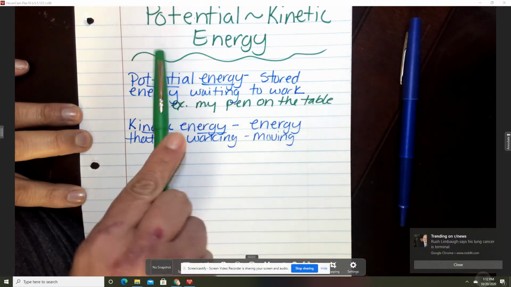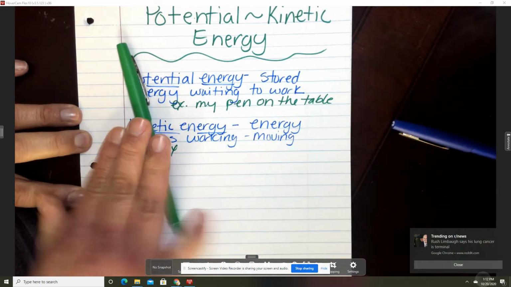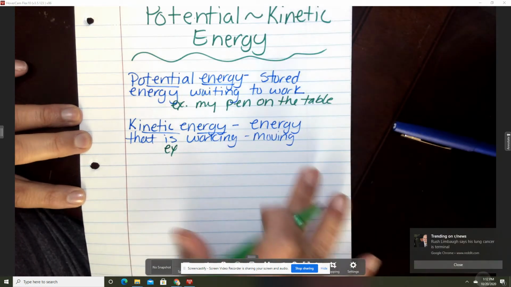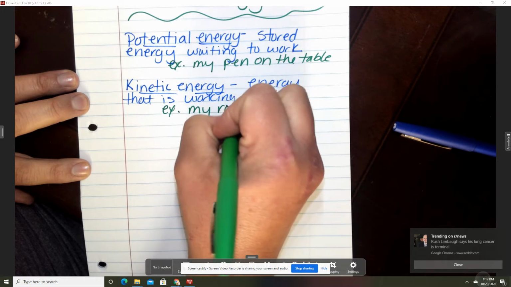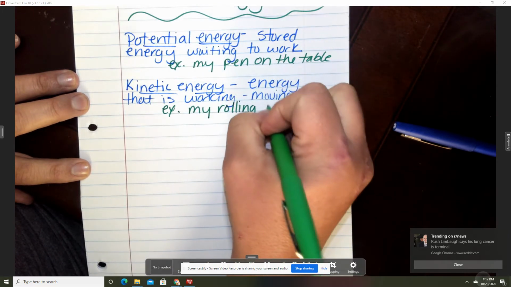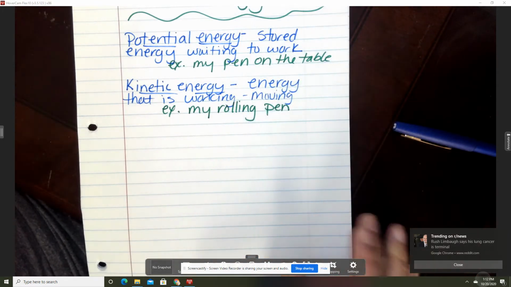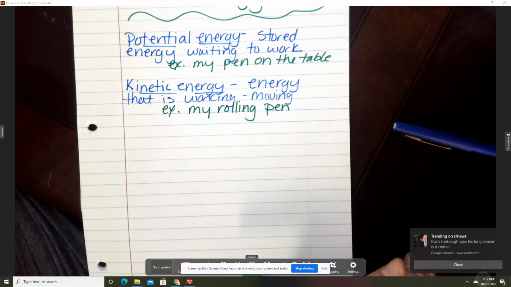So an example would be my rolling pin. That would be the example of kinetic energy.